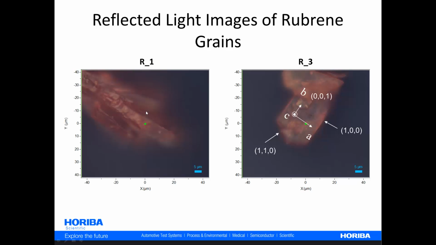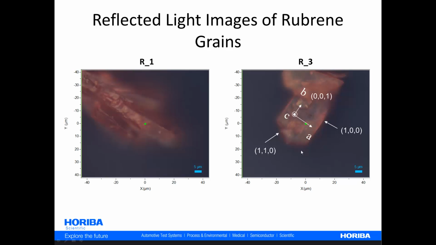So here's grain R1, which I've selected because it really has kind of a random orientation, and probably is polycrystalline, whereas R3 has a very specific crystal habit, which you can see, and we can then superimpose the crystallographic axes on this habit, and then see what kind of differences we obtain in the Raman spectra obtained from these 2 grains at these locations where you see the green dot.